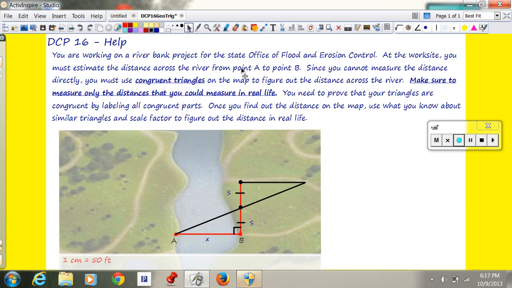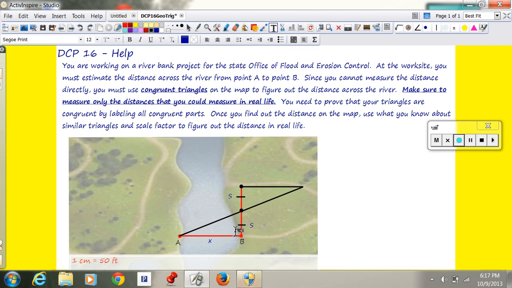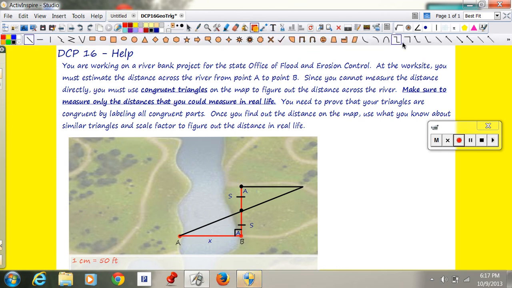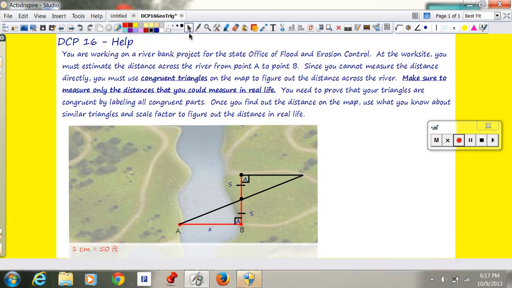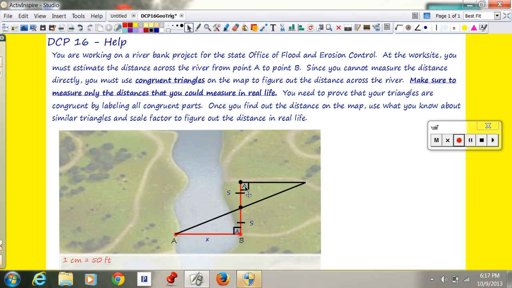You'd have 2 congruent triangles because you'd have an angle right here congruent to an angle right there, because they'd both be right angles. But that's what we made sure to do. We made sure to make perpendicular lines here. So that'd be an angle congruent to an angle. You'd have a side congruent to a side.